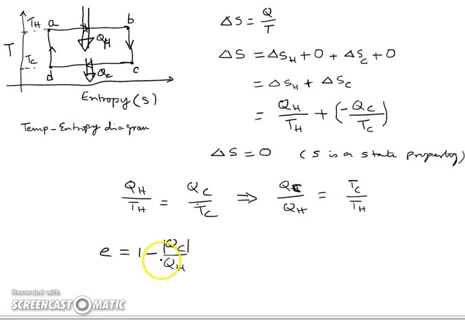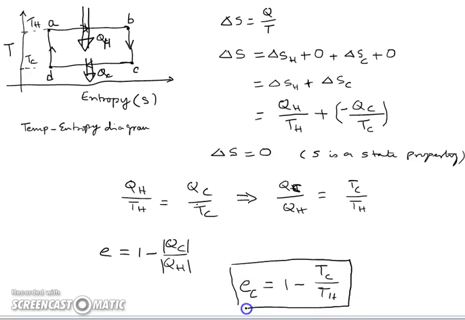So the sign is already accounted for. So from there we can say the efficiency of a Carnot engine or Carnot cycle, C is for Carnot, is equal to 1 minus TC over TH, right? So that simple term gives us the maximum efficiency you can get.